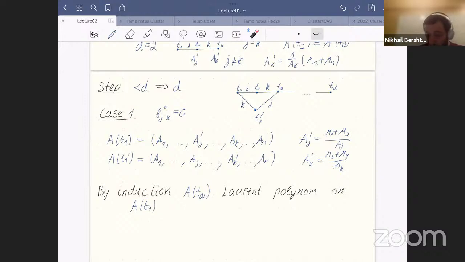On the other hand, there is another path of length less than d. It is a path from T1 prime to TD. So similarly, they are Laurent polynomials on T1 prime.